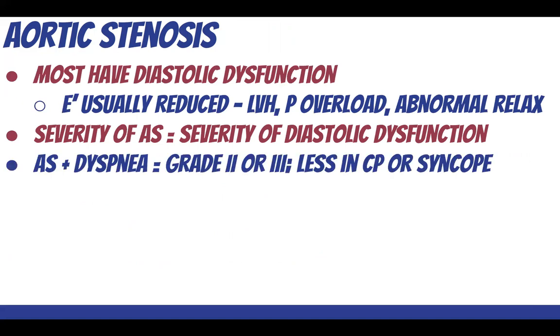The interesting thing clinically is that if these patients have dyspnea, this means they have at least grade 2 diastolic dysfunction. But if they present without dyspnea, but with chest pain or syncope, the grade of diastolic dysfunction is probably less. So the presence of dyspnea in patients with aortic stenosis is a poor prognostic factor.